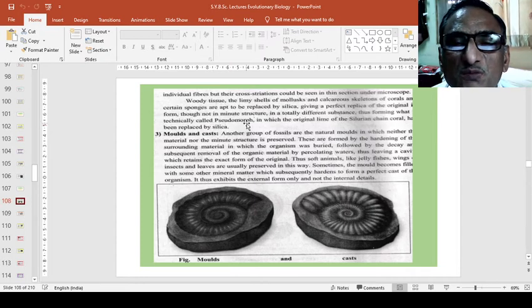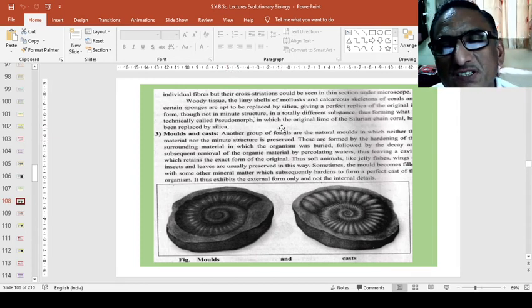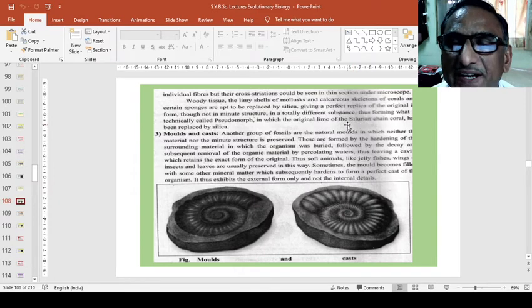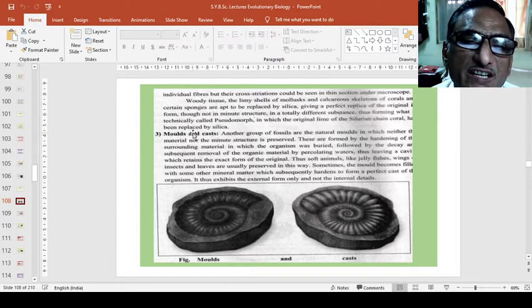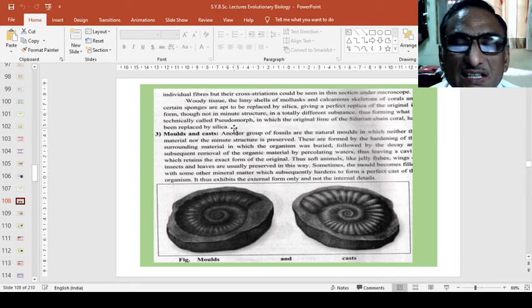Pseudo means false, or we can say wrong. So pseudomorph in which the original lime of the Silurian chain coral, Silurian being an old period, has been replaced by silica. So the corals were replaced by silica because silica deposition is there.